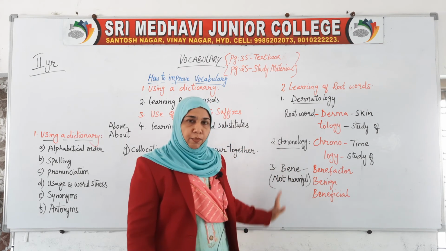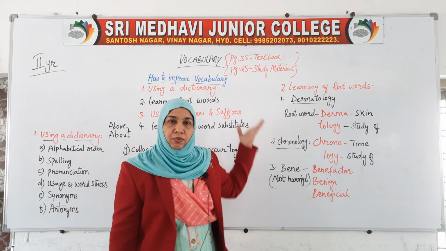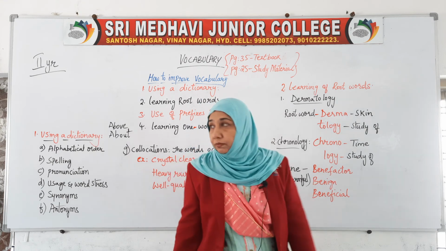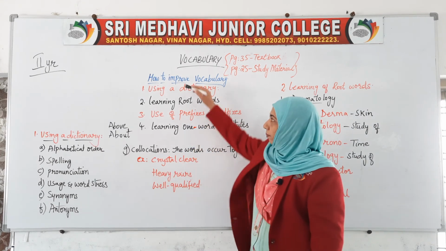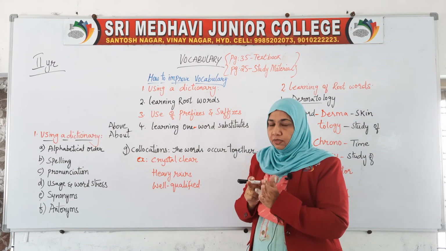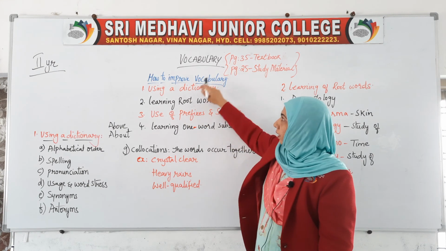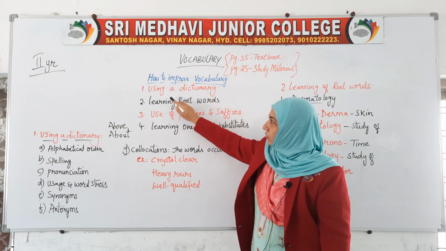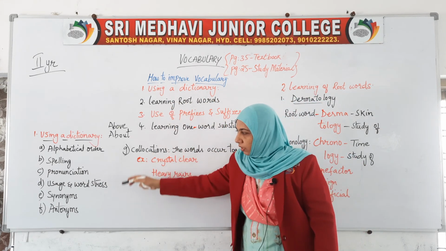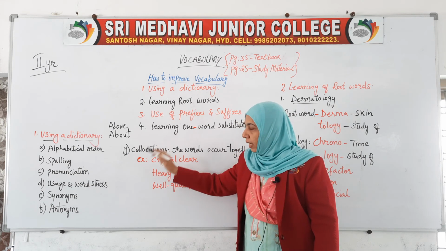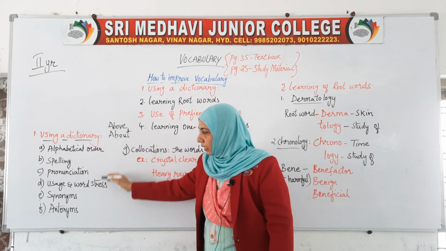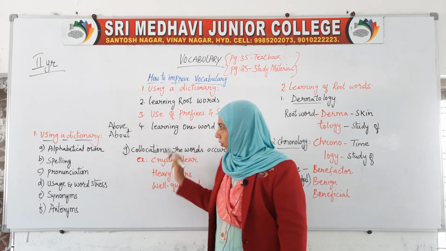If you get this type of understanding, you can improve your vocabulary in a better way. So here, out of 4, we have completed 2 important factors which can help us improve our vocabulary. First is using a good dictionary, finding the features in a good dictionary, and how a dictionary can help you achieve these things, up to collocations.